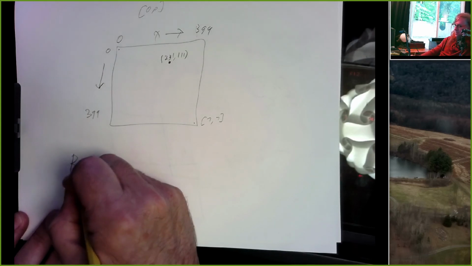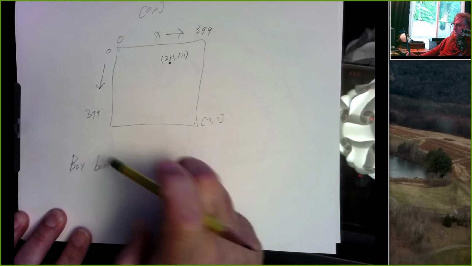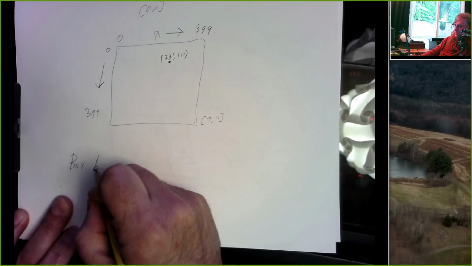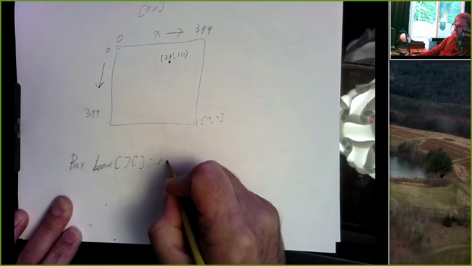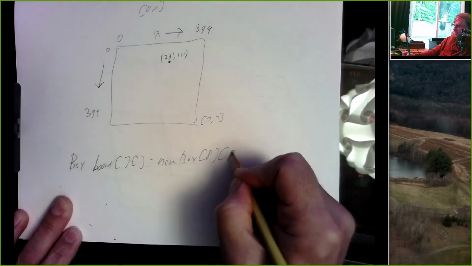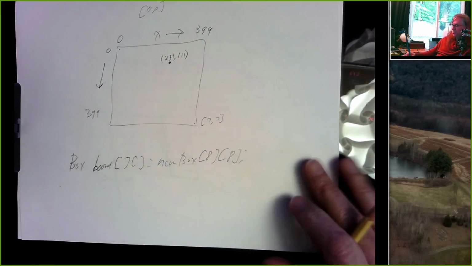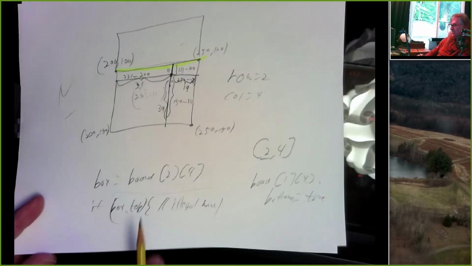Box board, right? But let's make it a two-dimensional array. So let's do box board, bracket, bracket equals new box, 8, 8. And now I can say board, bracket, row, bracket, column, and I can get to that individual box like this.